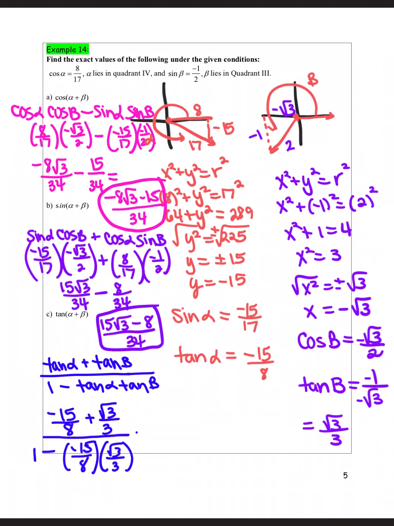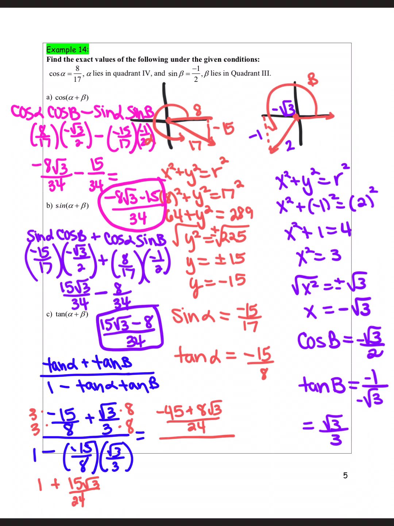On the numerator, you can get a common denominator of 24. So if I multiply by 3 and multiply this side by 8, I have negative 45 plus 8 square root of 3 all over 24 divided by, and on the denominator we have basically 1 plus 15 square root of 3 divided by 24.